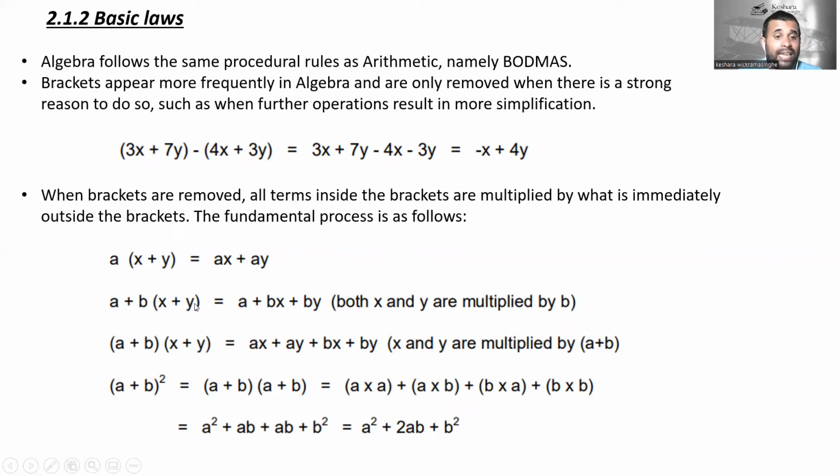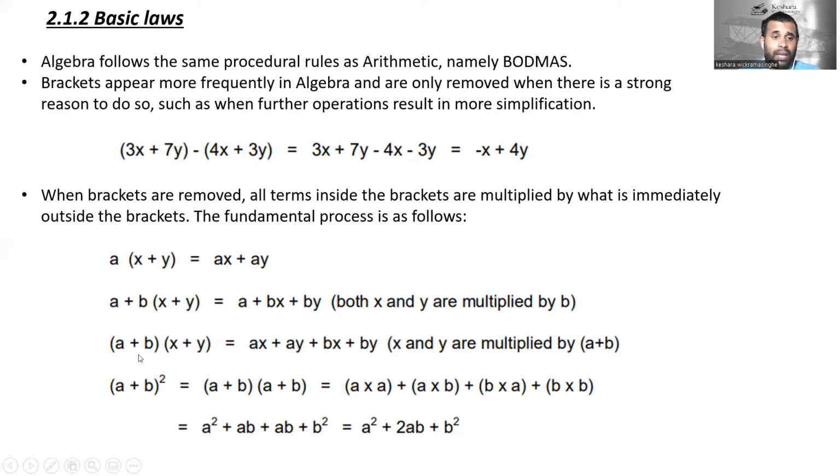In this situation, x plus y, we have to multiply by what is immediately outside the bracket. So what is the letter which is immediately outside the bracket? It is b. So then we have to multiply x plus y by b, so a plus bx plus by, both x and y are multiplied by b, right?